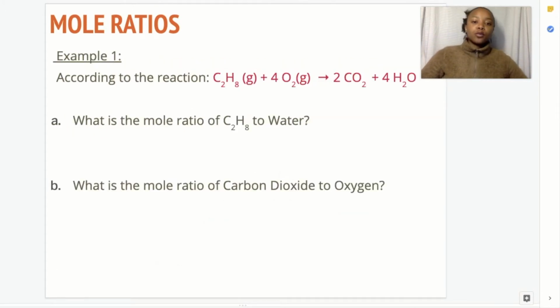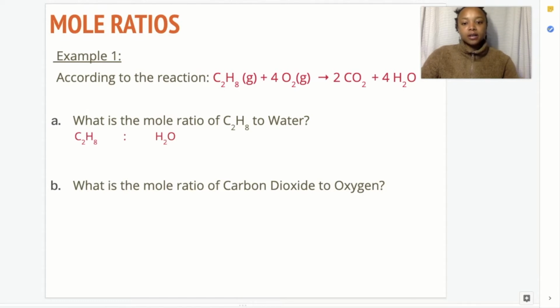Okay, so we're just going to hop right in because I think this is the best way to show you what's going on. So let's do a mole ratio example. According to the reaction, as you can see, C2H8 plus 4 oxygen gives us 2 carbon dioxides and 4 waters. So what is the mole ratio of C2H8 to water?